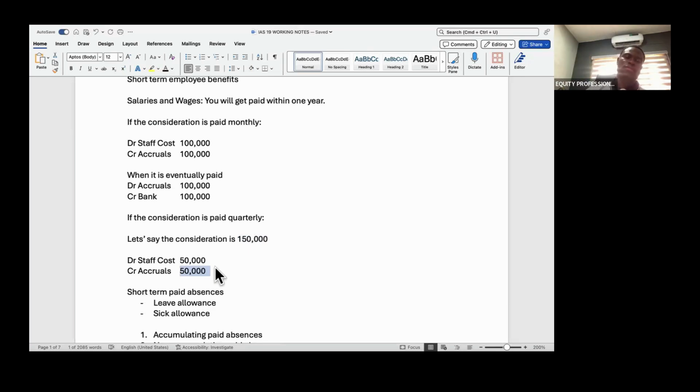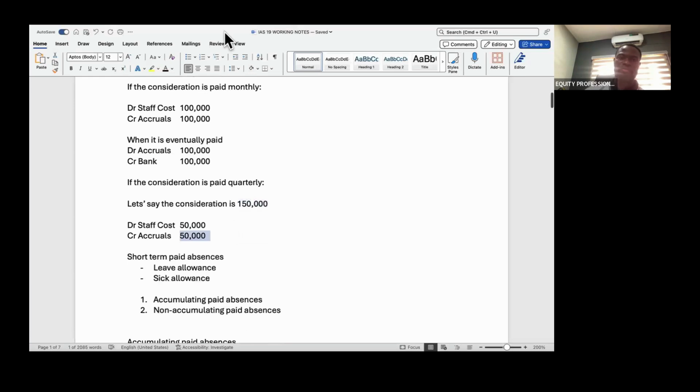Now, still on short-term employee benefits, I told you that we could have short-term paid absences, where an employee is absent and we still go ahead and pay the employee, like leave allowance or sick allowance.